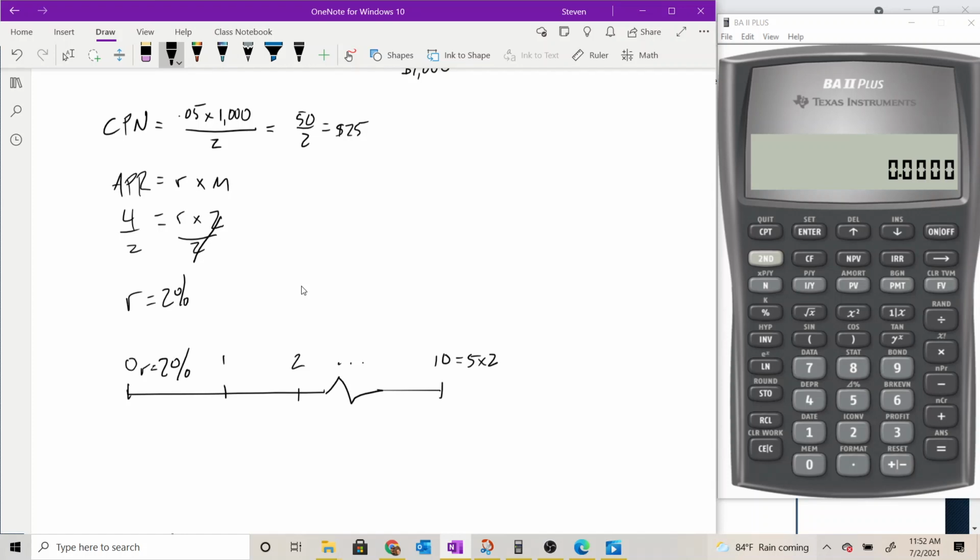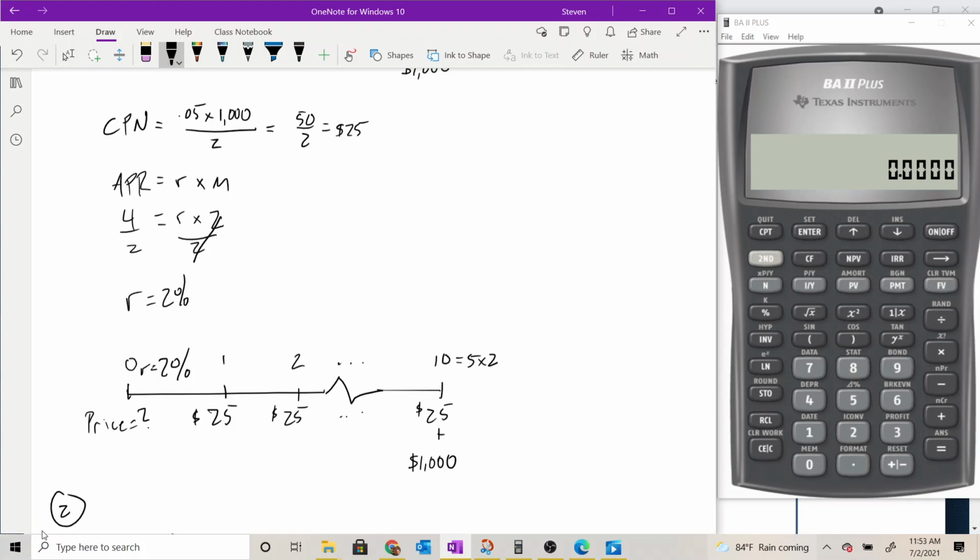So that is 2%. Coupon payments are still the same at $25 every 6 months. And still at the end of the timeline, the investor will get that $25 coupon and get the full face value back. Okay, and we are once again looking for the price.